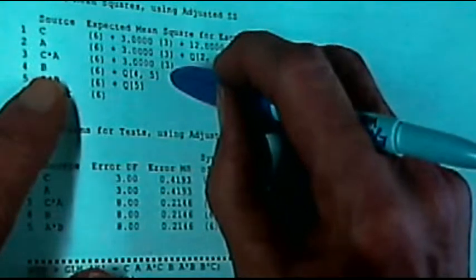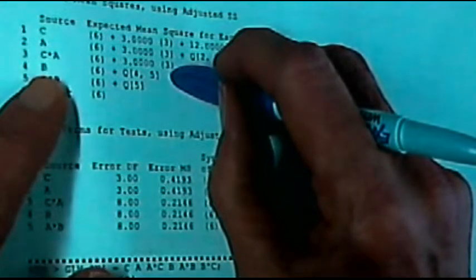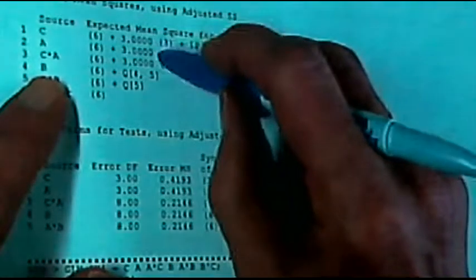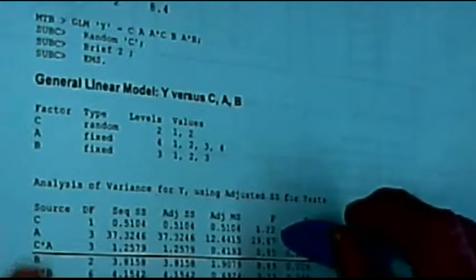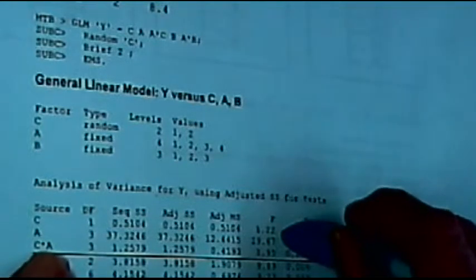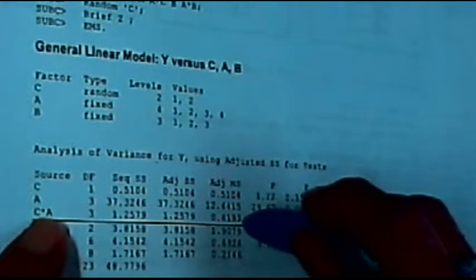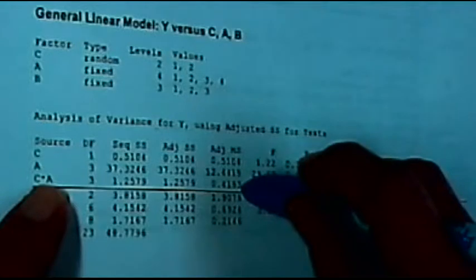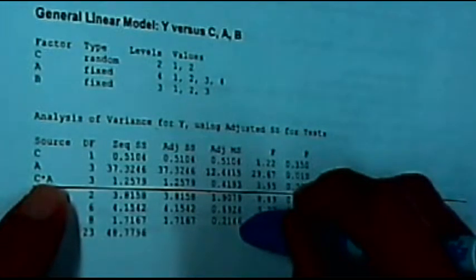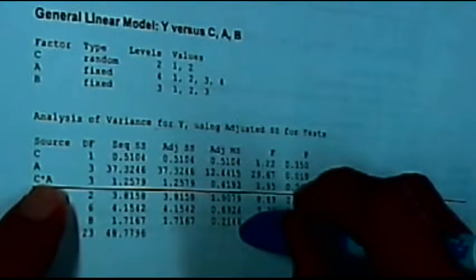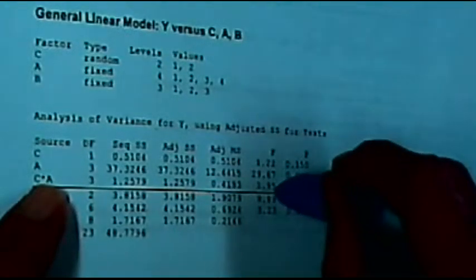So there's a change. The CA interaction is the denominator for the top 2 F tests. We see that from the expected mean square information. Here, the CA interaction has a mean square of 0.4. If I divide it by the mean square error, which is 0.2, the ratio is about 2, so that's in the right ballpark, 1.95.